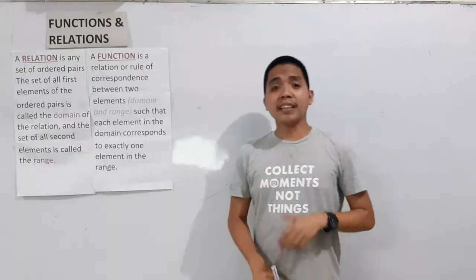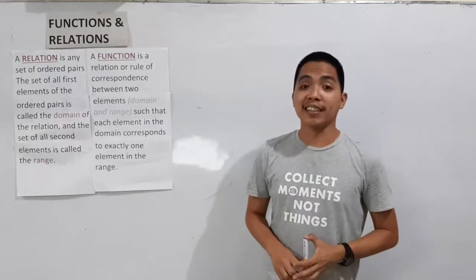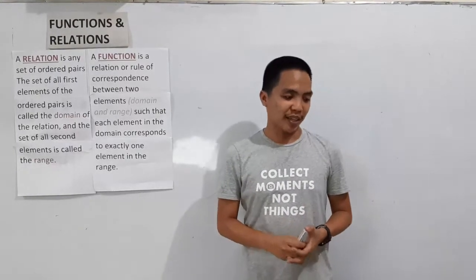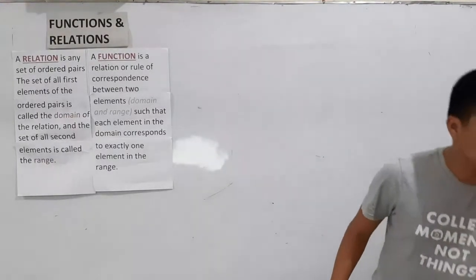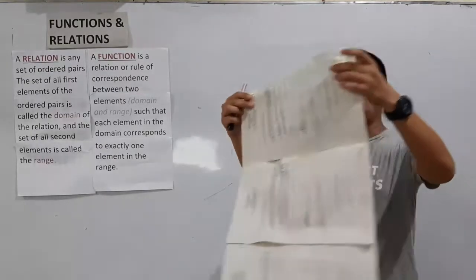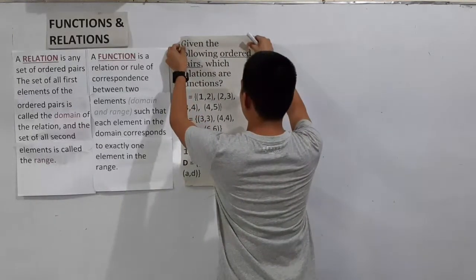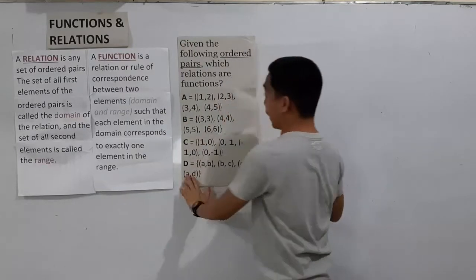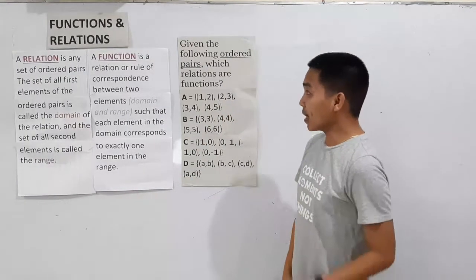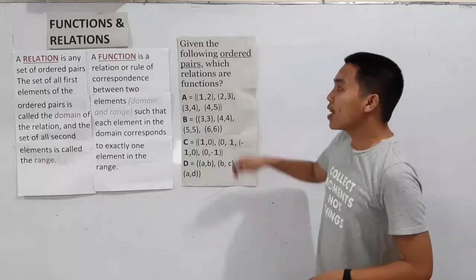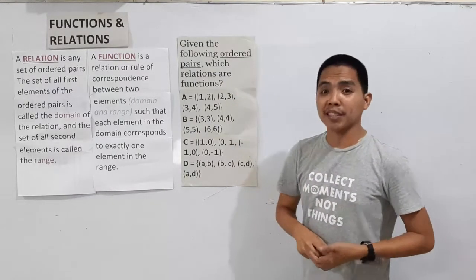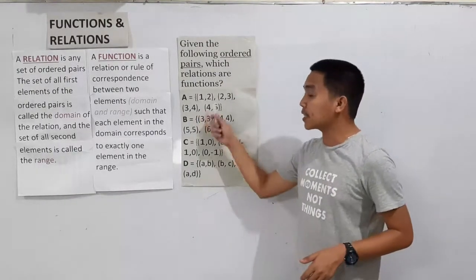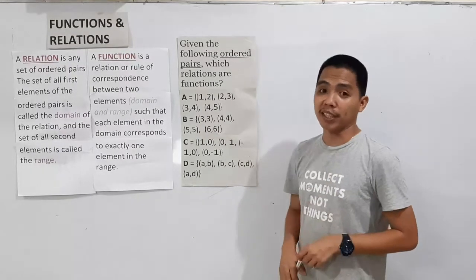Alright. There are different ways in expressing the relations and functions. First one, it can be expressed through an ordered pair. Again, ordered pairs. We all know, you are familiar with ordered pairs. An ordered pair is composed of an x and a y, the abscissa and the ordinate.